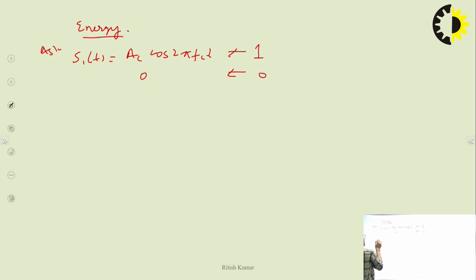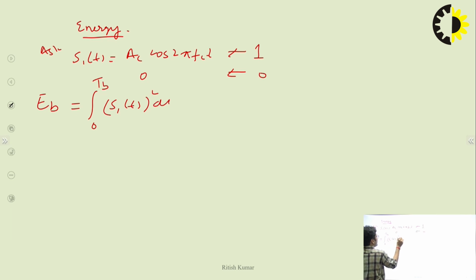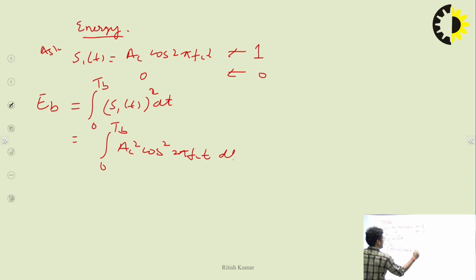So energy for 1 bit duration, 0 to Tb, represented by Eb, is the integral from 0 to Tb of S1(t) square dt. This is the energy formula.